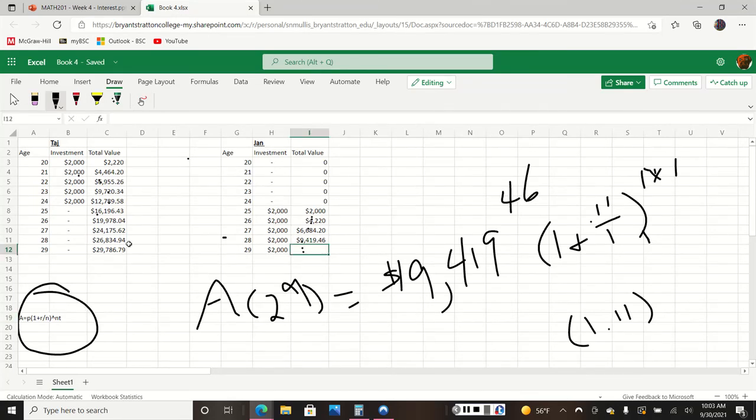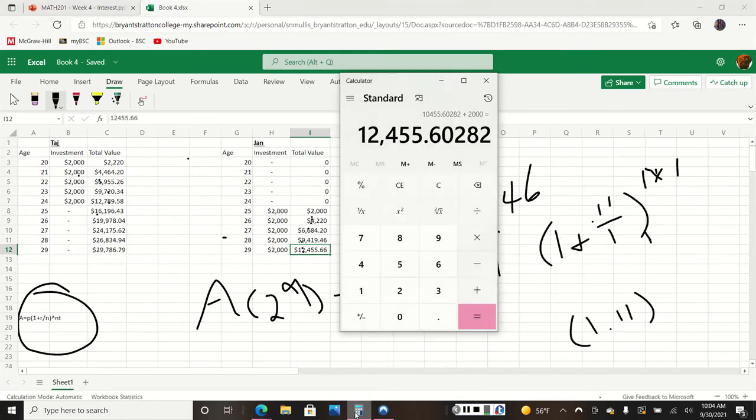All right, so we end up with 12,000. Let me make sure I type that in there correctly. $12,455.60. Sorry.